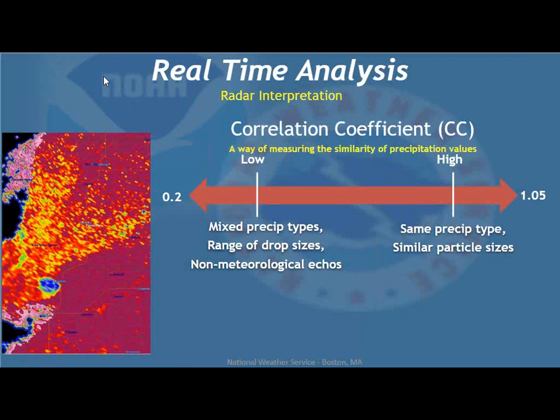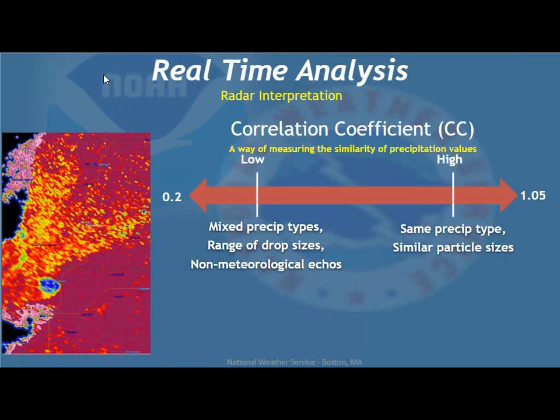I talked about radar, and one of the key products that we look at is called the correlation coefficient, and that's basically how different or how similar the hydrometeors are. Hydrometeors are your raindrops, your sleet, snowflakes, and no two snowflakes are created equal.